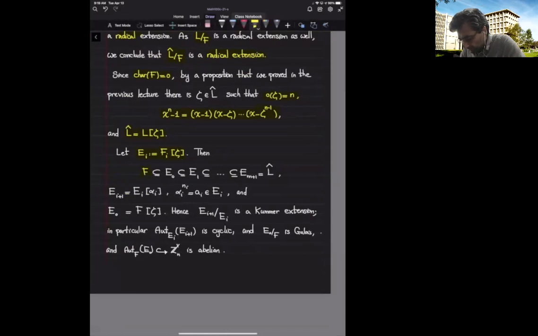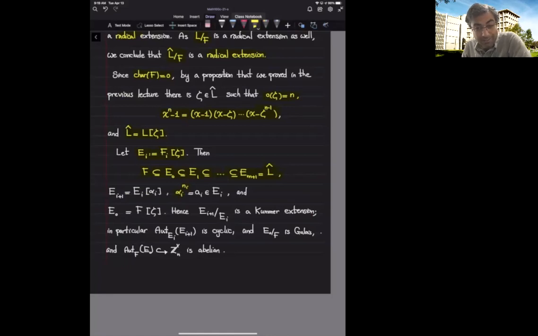So F would be a subfield of E sub 0, which means F adding zeta to F, then adding zeta to F1, adding zeta to F2, and so on. But remember, F i's are created in a way that each time I'm adding a root of a polynomial of the form x to the power n sub i minus a sub i.